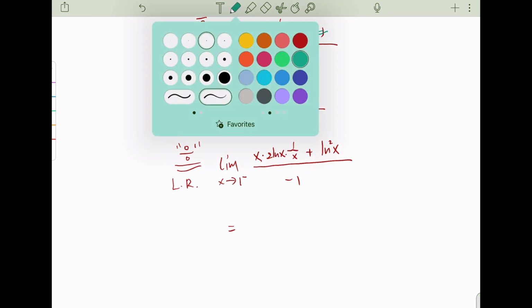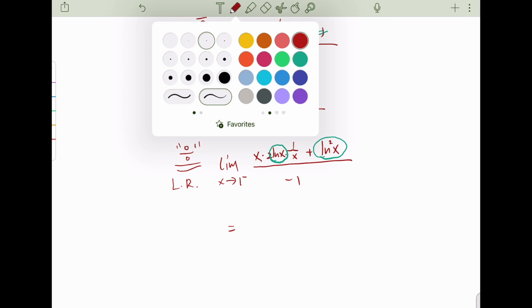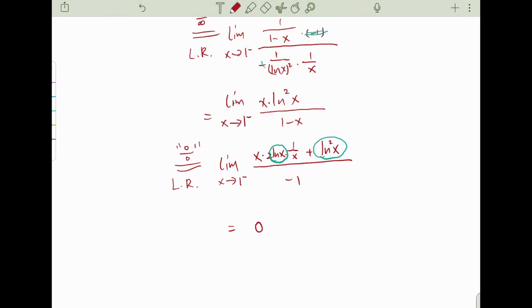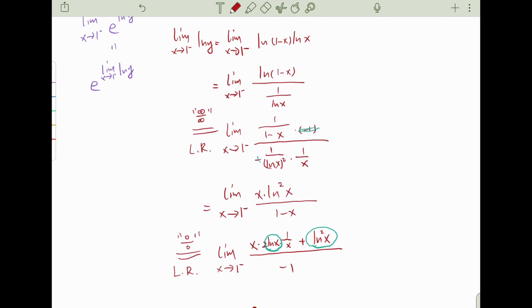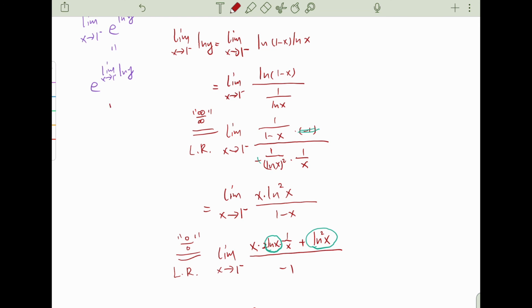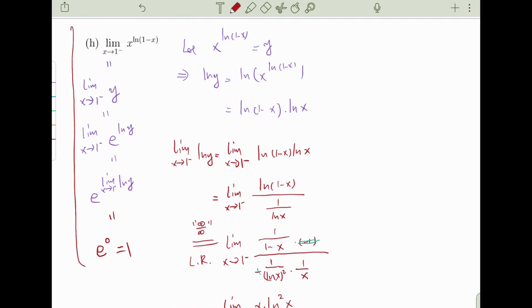When I plug in 1, this factor is 0, and this factor is also 0, so the answer is 0. And I haven't finished. This is just the limit of ln y. We need to also plug in the 0 in this expression, so it's e to the 0, which is equal to 1. So that is the answer to this question. It's equal to 1. That is question H.